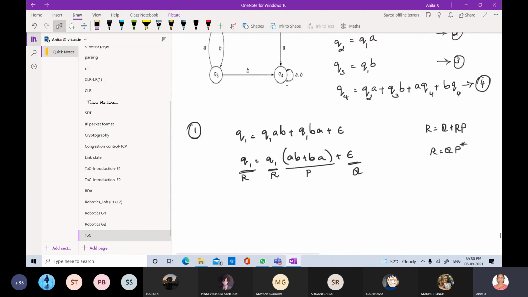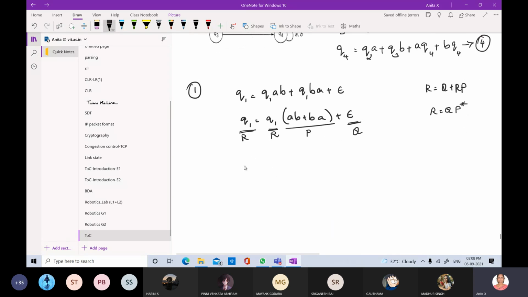Yes, ma'am. So how can I write that? So Q1 is equal to epsilon Q. So here Q is nothing but epsilon. So that is epsilon. What is P here? P is nothing but AB plus BA. So the regular expression is nothing but AB or BA. Please make a note here.